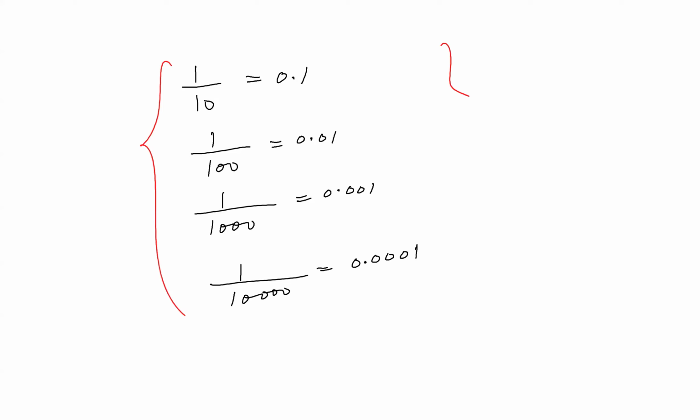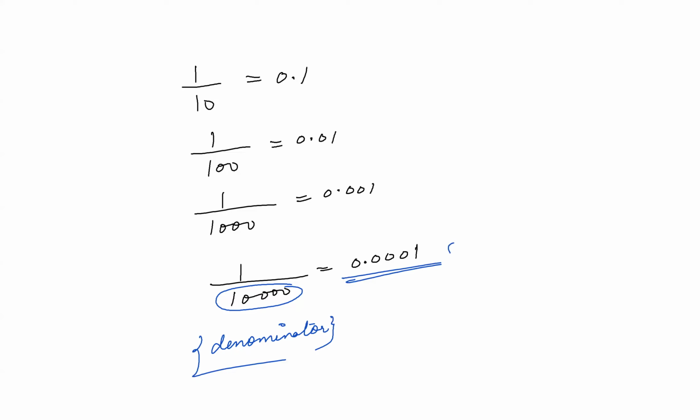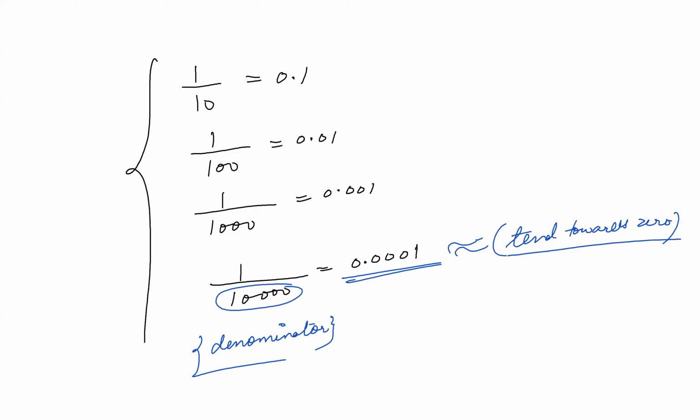Are we understanding? So the moment you keep on increasing the denominator, these values will tend towards 0.